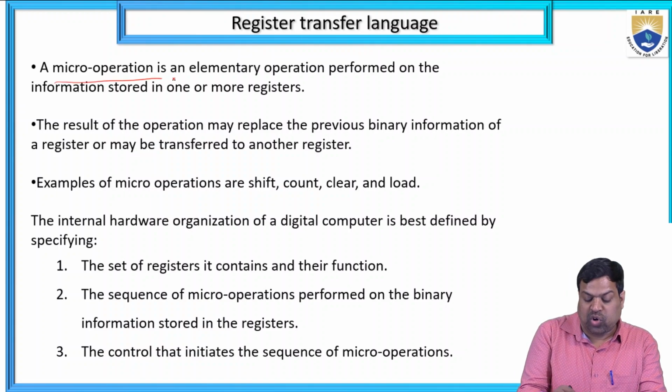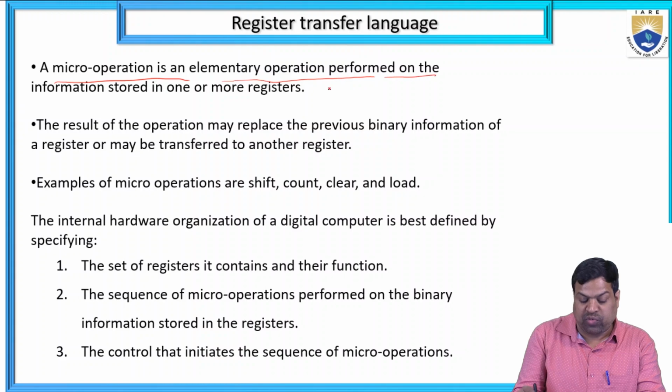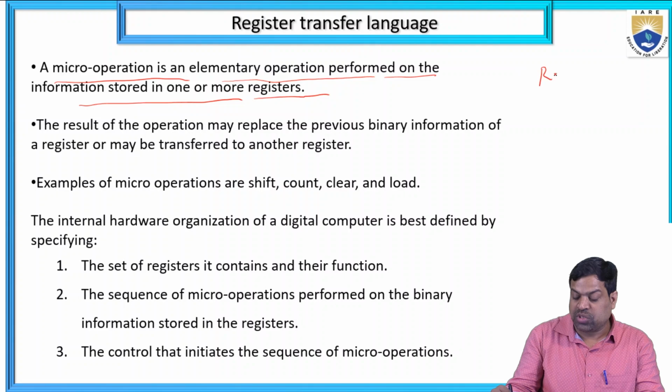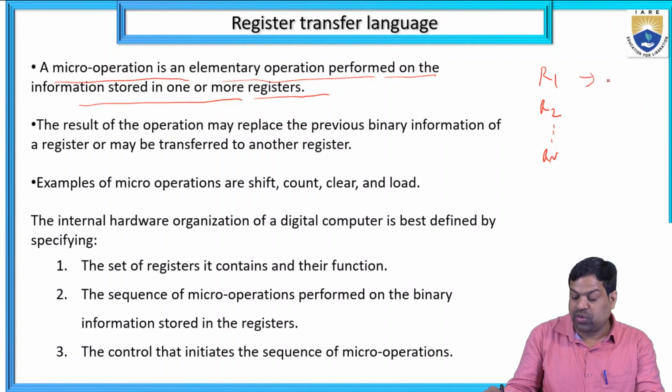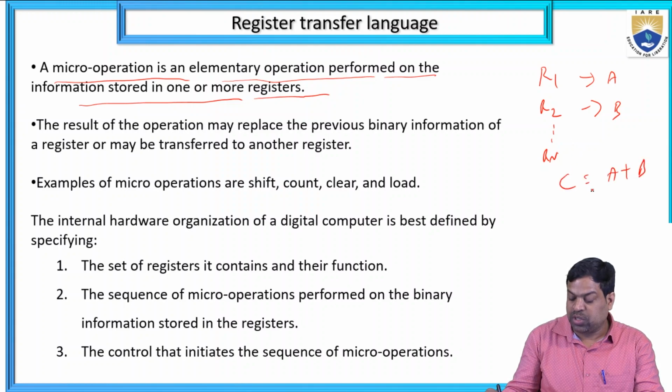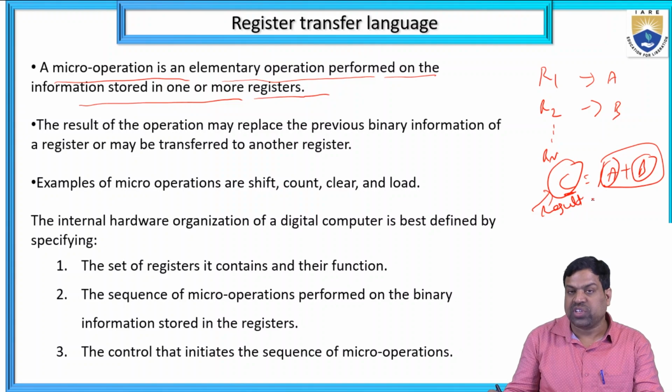First point, a micro operation is an elementary operation performed on the information stored in one or more registers. Suppose I am taking registers R1, R2, and so on up to Rn. Suppose A equals R1, B equals R2, and C equals A plus B. That means the addition of A and B, where A is one register, B is another register, and C is another register that holds the result value.